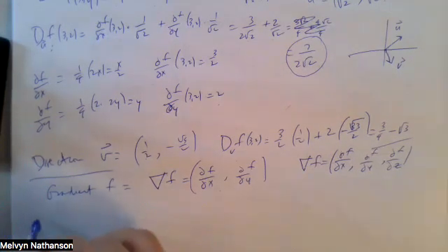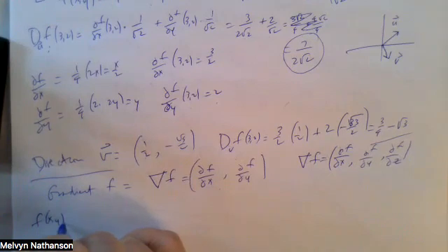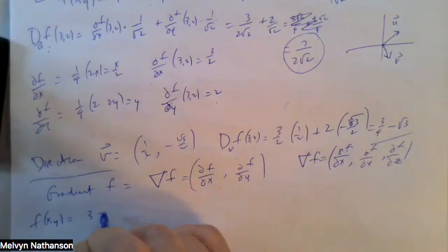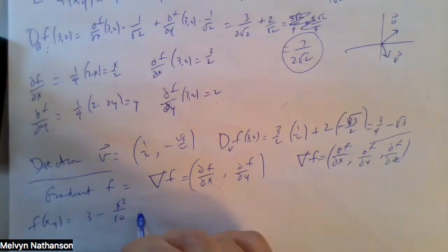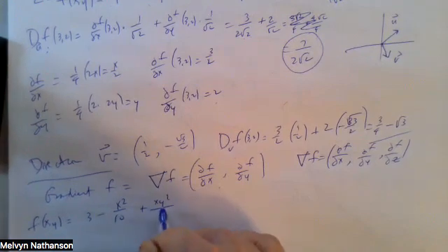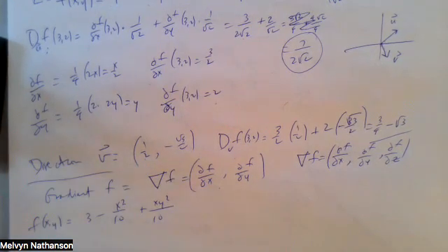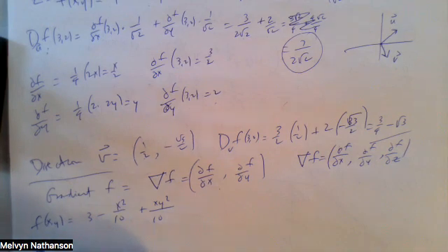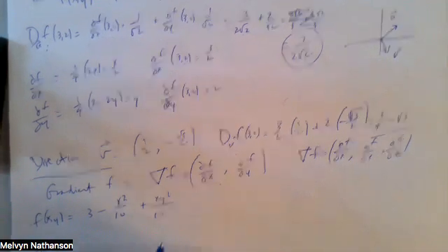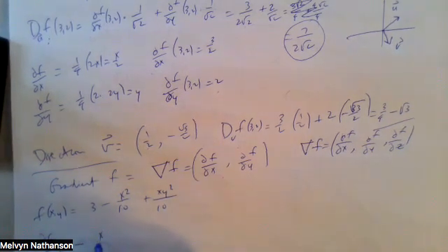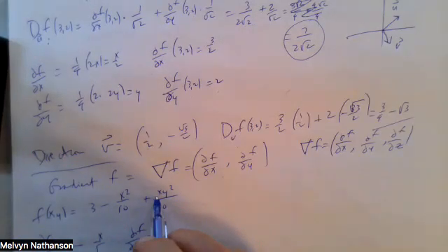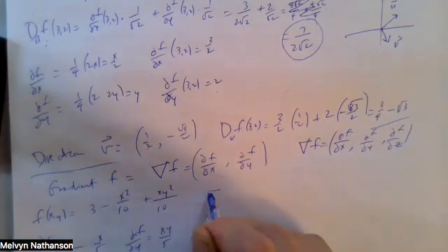So if you have the function f of x, y is 3 minus x squared over 10 plus xy squared over 10, the partial of f with respect to x is minus 2x over 10, or minus x over 5. Partial of f with respect to y is x times 2y over 10, which is xy over 5.